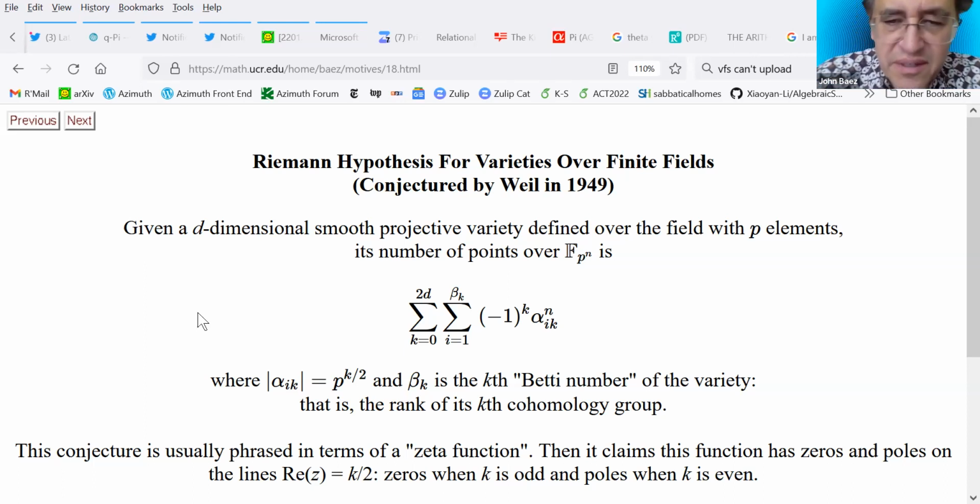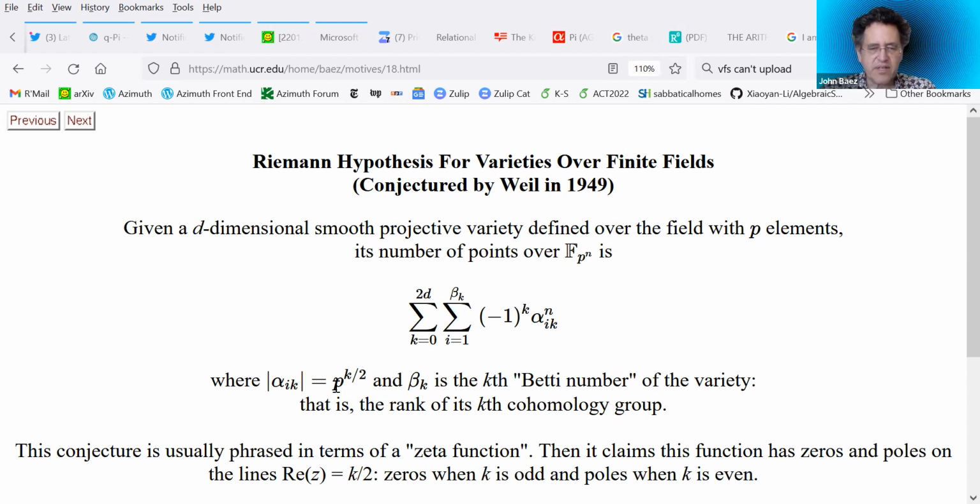So the point is that we can count the number of points on a variety by chopping it up into motives, and the motives contribute numbers of points that depend on your extension of your original finite field. They grow exponentially as your extension gets bigger and bigger, but they grow at a rate that's determined by the absolute value of this number alpha.